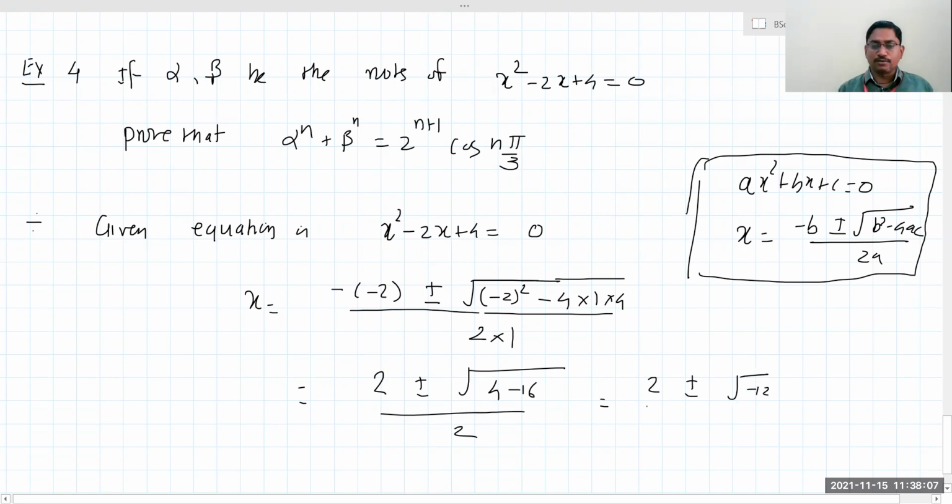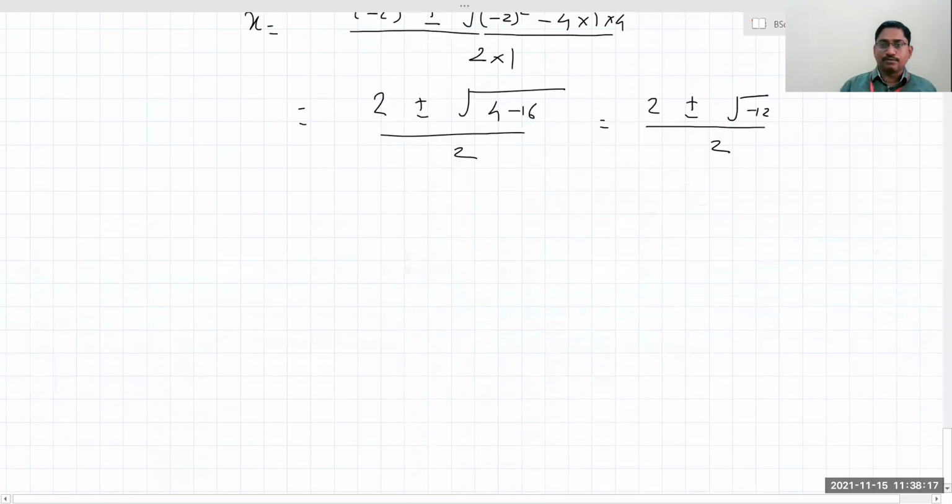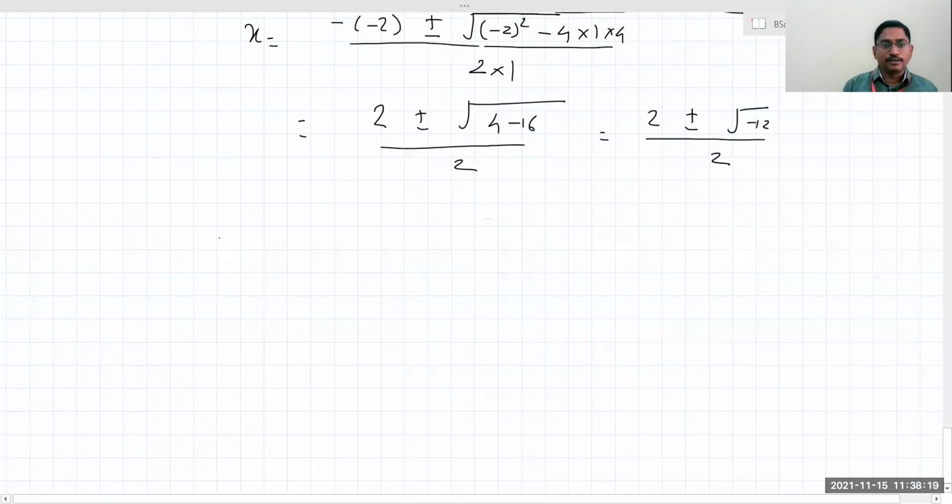Whenever there is a negative square root, it means that it is a complex number. So 12 can be written as 4 into 3. So finally, it is 2 plus or minus square root of 4 multiplied by minus 3, divided by 2.